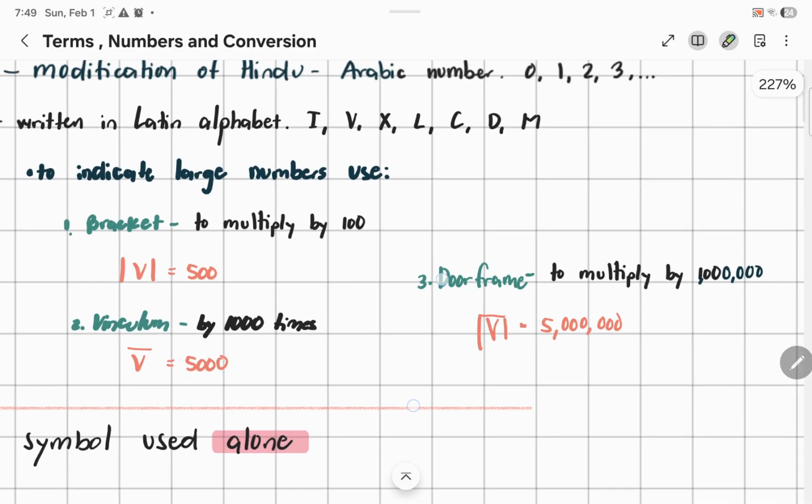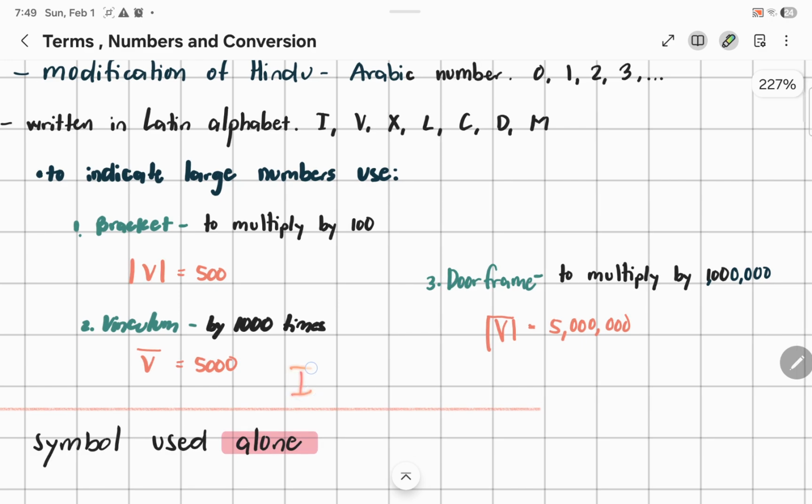If we have the I, equivalent to 1, we put the vinculum on top. Then we have 1 times 1000 is equal to 1000. Therefore, this is simply the Roman numeral of 1000, I with the vinculum on top.